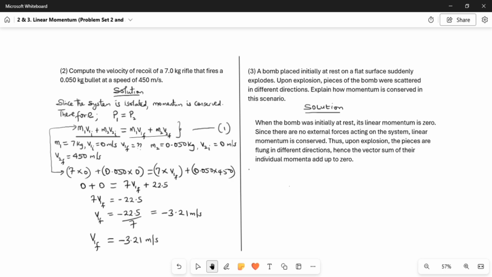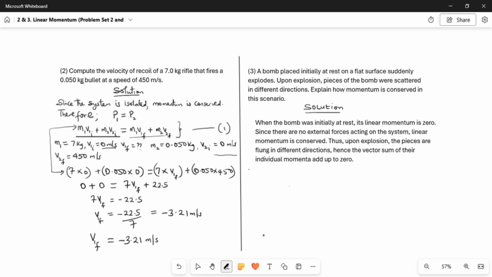So if that is the case, then both of them will have initial velocities of 0 meter per second. So that's why we have V1I is 0 meter per second, V2I is 0 meter per second.